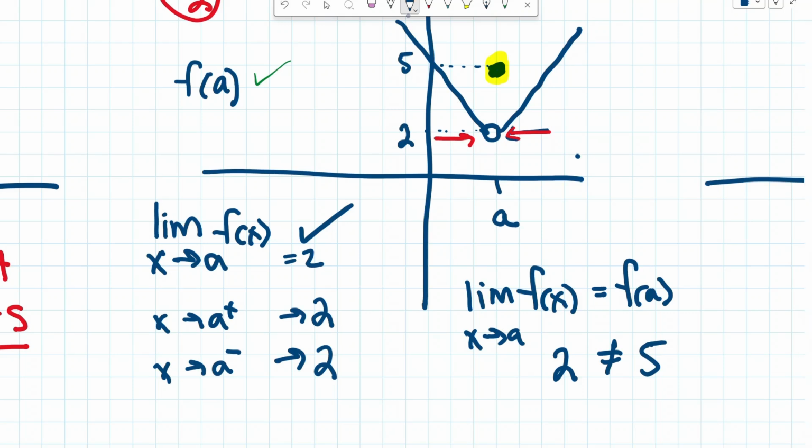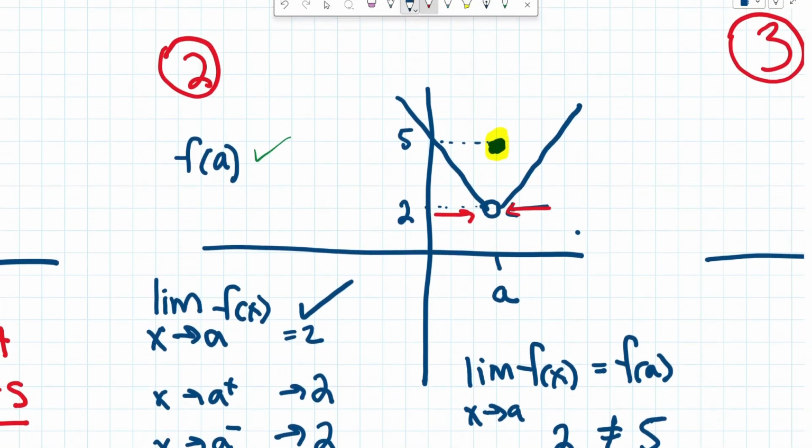This is a really funny case where we're going through all the criteria and it all looks amazing, and then suddenly we can see that we have this removable discontinuity right over here, where for some reason at a our function does not exist where the limit does, but in fact it exists somewhere else. And because of that, it is not continuous. So it fails this criteria, therefore not continuous.